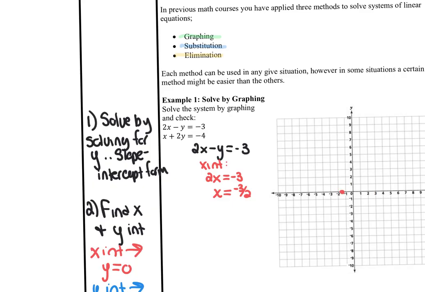When I do the y-intercept, I let x equal 0. I get negative y equals negative 3. I'm going to divide both sides by negative 1, so y equals 3. And then to the best of your abilities, you'll draw a straight line that connects those.